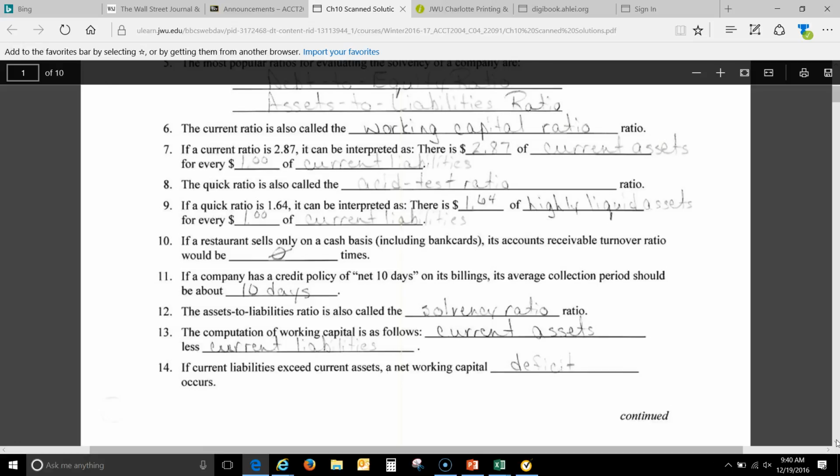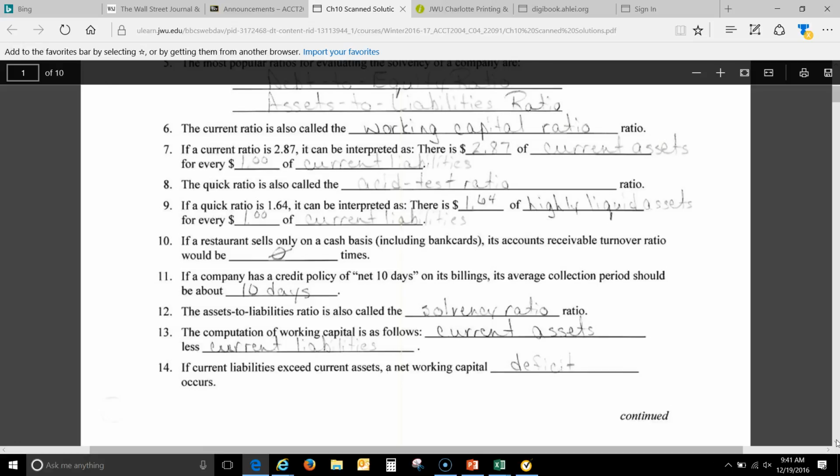Number 7, if a current ratio is 2.87, it can be interpreted as there is blank of blank for every blank of blank. I'll give you a hint. The third blank is for every dollar.